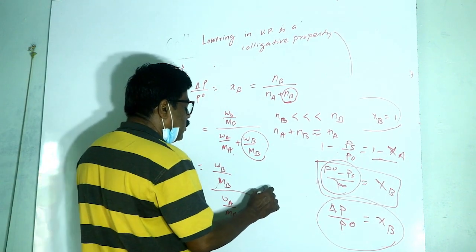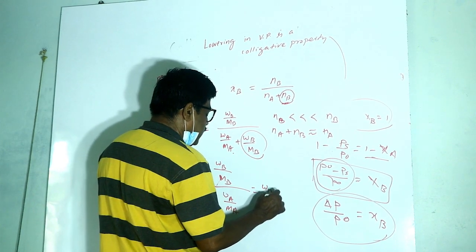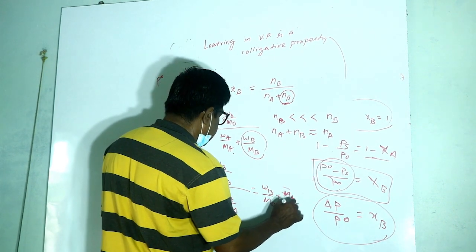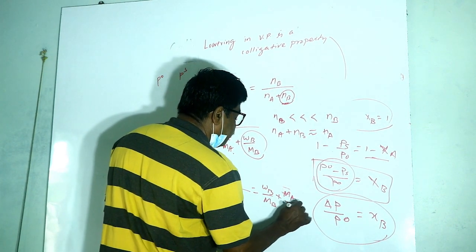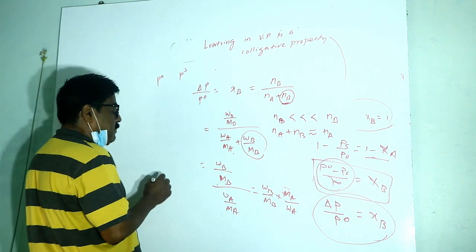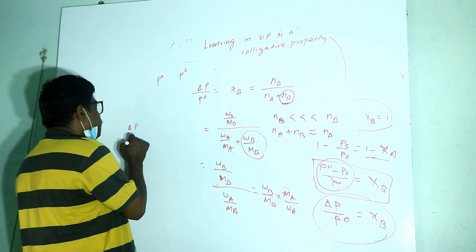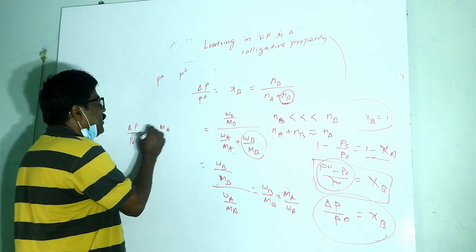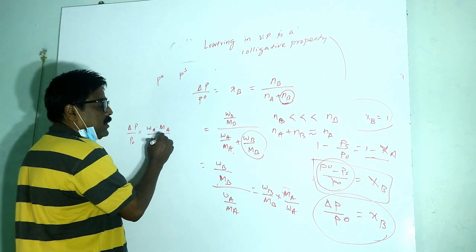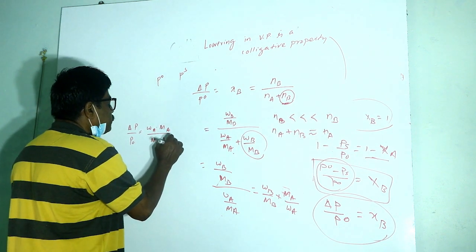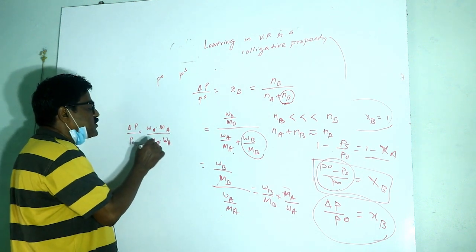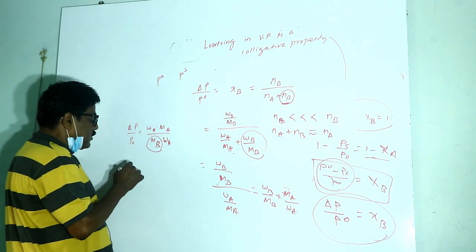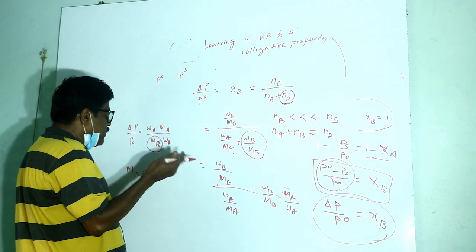Here we can write Wb by Mb into Ma by Wa equal to del P by P0. Del P by P0 is equal to Wb dot Ma divided by Mb dot Wa. Now, the molecular mass of the solute, Mb, can be calculated easily from this formula, knowing the values of P0 and Ps.